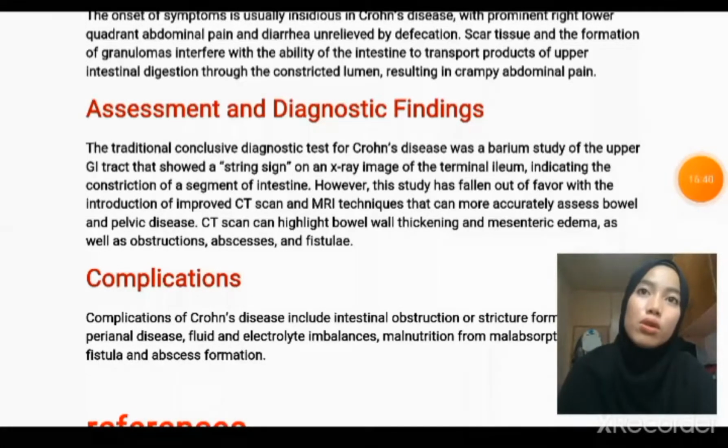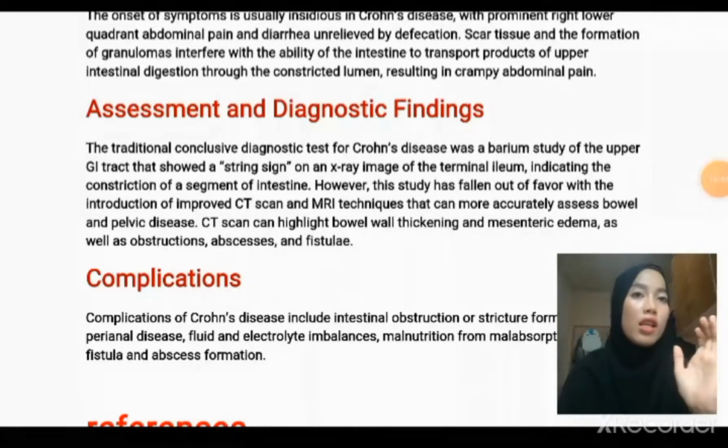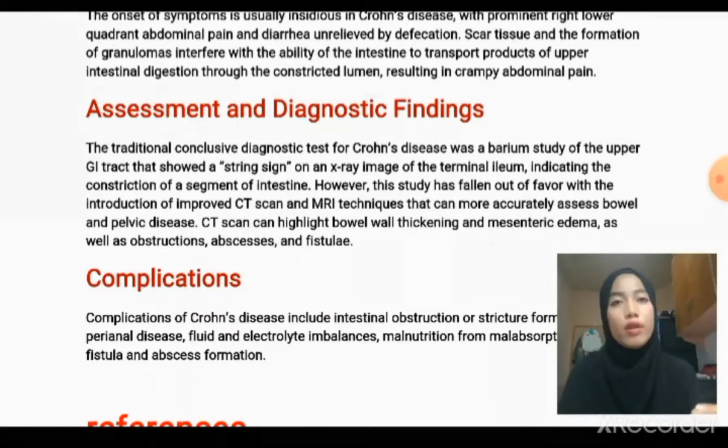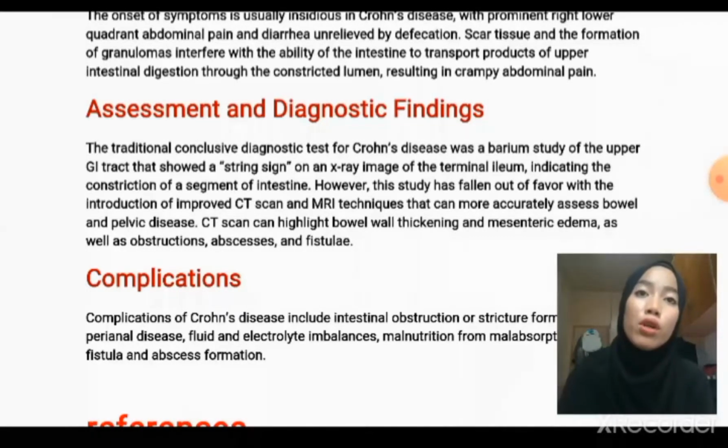So, according to my research, there's no single diagnostic test for Crohn's disease. If you show signs or symptoms of the condition, your doctor may use a variety of tests to check for it. For example, they may order blood tests, stool tests, imaging tests, colonoscopy, sigmoidoscopy, or tissue biopsies.